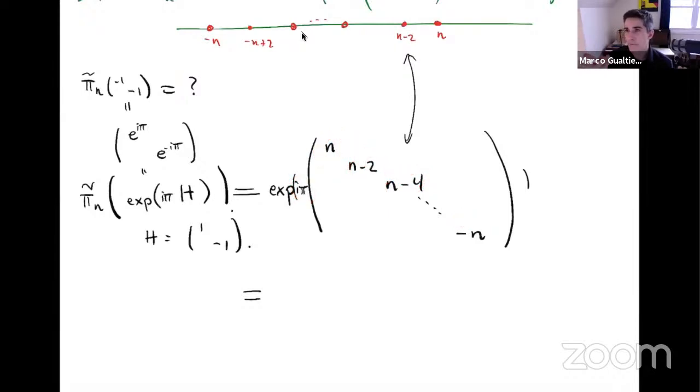So if the integer is 0, we just get 1. If it's 1, we get minus 1. Depending on whether n is even or odd, we will either get plus 1s all the way down or minus 1s all the way down. So if n is even, we'll get the identity matrix. And if n is odd, then we get minus the identity.